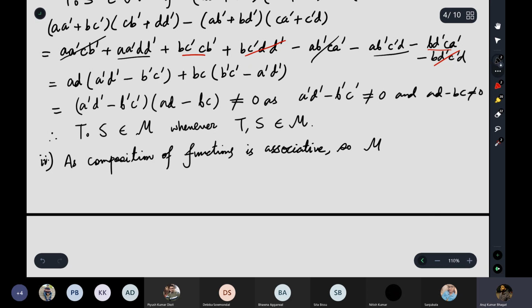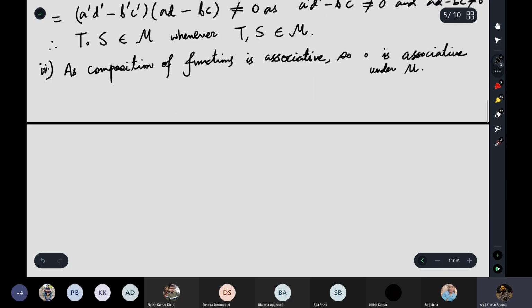So M is associative under composition. So we are done with the second property also.